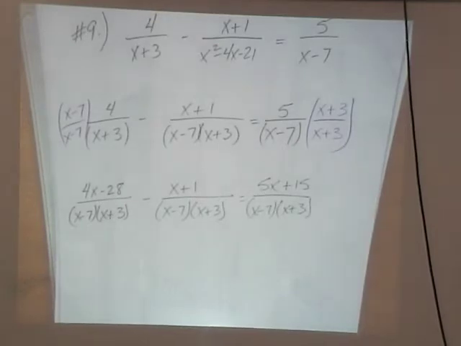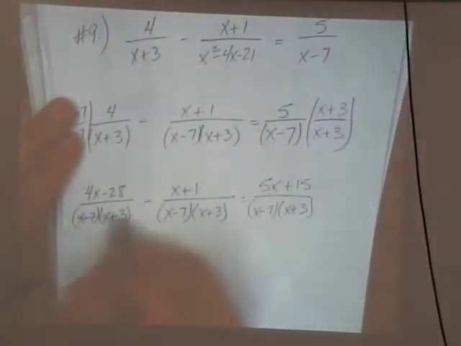All right, so I've got common denominators for every term in the equation. So basically, if you just multiply both sides by that denominator, you can cross them out.